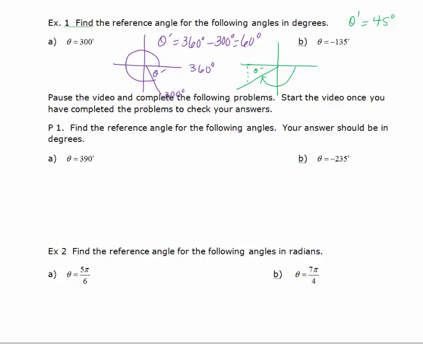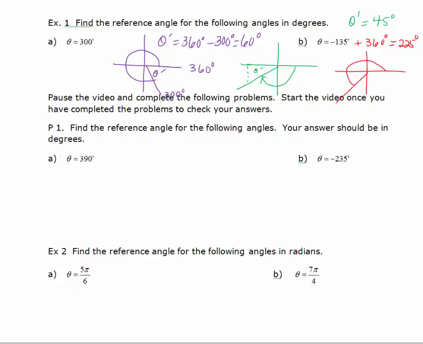If you find that confusing, what you can do is find a coterminal angle and find its reference angle, because an angle and its coterminal angle will have the same exact reference angle. To find a coterminal angle, I just add 360 degrees to the given angle. Generally when you have a negative angle, you might want to add 360 to give us 225. Now let me draw 225 degrees in standard position.